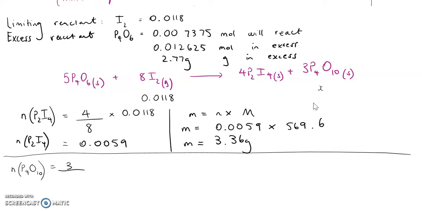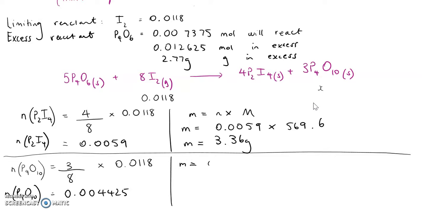So 3 over our known, which is 8, multiplied by this known value, 0.0118, and that's going to give us a value of 0.004425, and that's the mole amount. So how much that is in grams is 0.004425 times its molar mass. So 284 is 1.2567 grams. So that's the answer to that one.